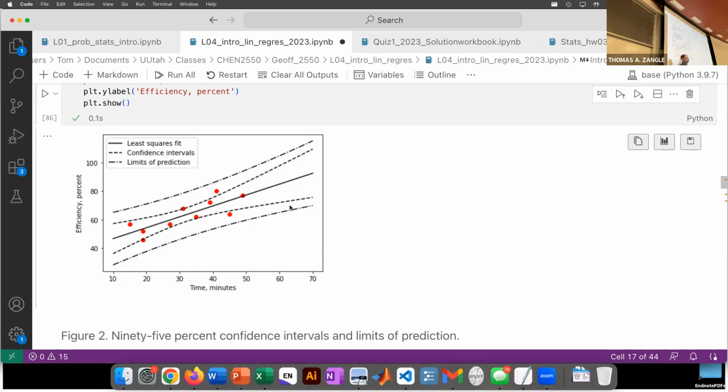Okay. So let's say we're at 25 minutes, so we want to run our process for 25 minutes, and I ask you, what is the expected value, or the average value you're going to see for extraction efficiency if you run your process for 25 minutes?